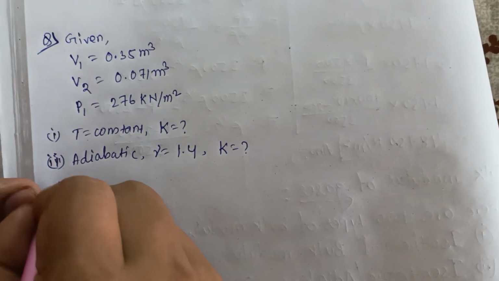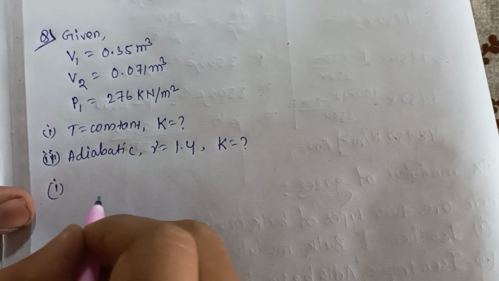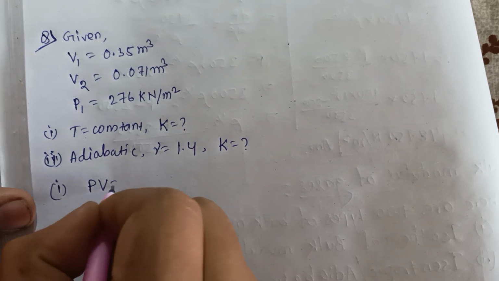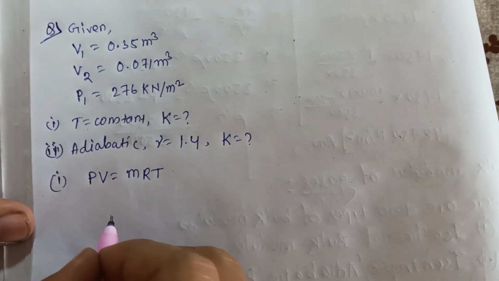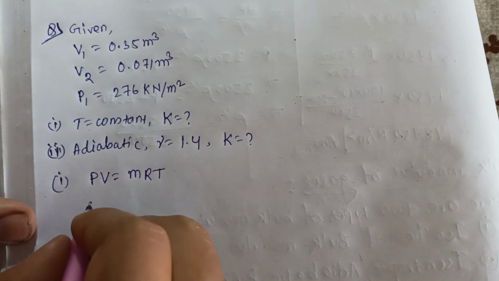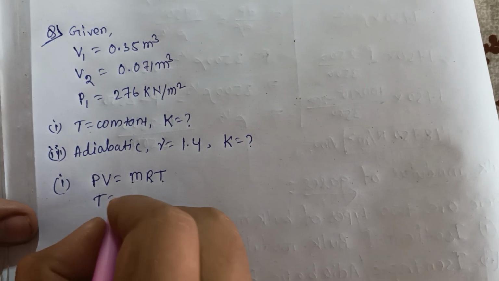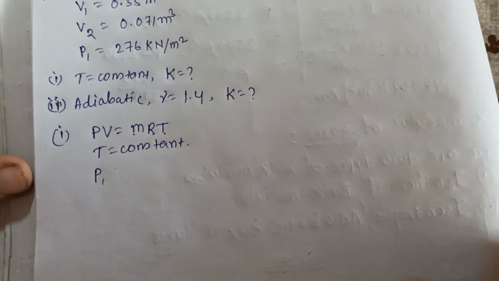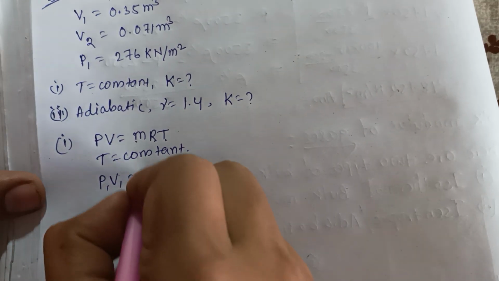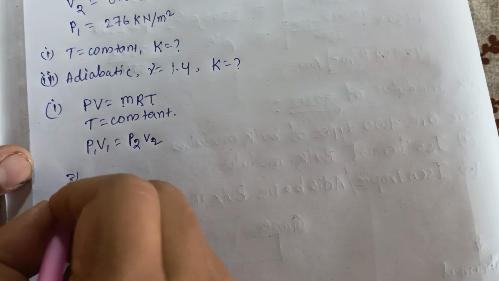So focus on case 1, where temperature is constant. We know the ideal gas equation PV is equal to mRT. For an isothermal process, m is constant, R is constant, T is constant, so we can write P1 V1 is equal to P2 V2.